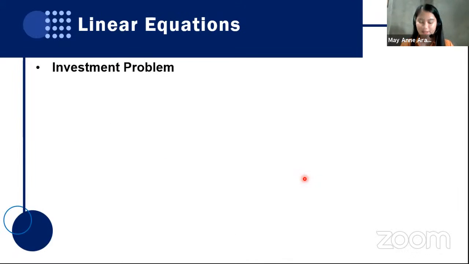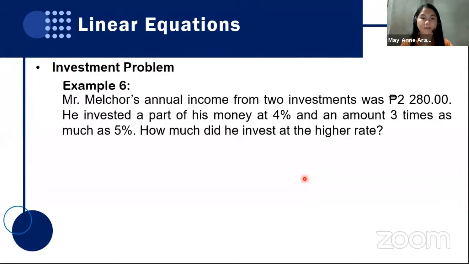Okay, next, we have the investment problem. These are application lang ng sa kanina. Mr. Melchor's annual income from 2 investments was 2,280 pesos. So he invested a part of his money at 4% and an amount 3 times as much at 5%. So how much did he invest at the higher rate?